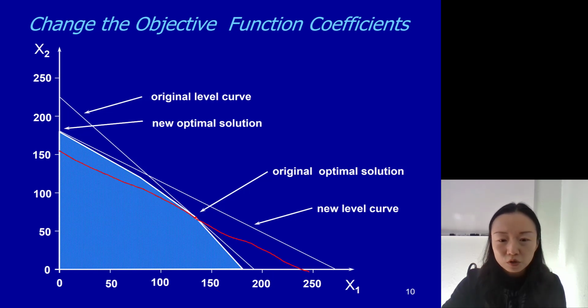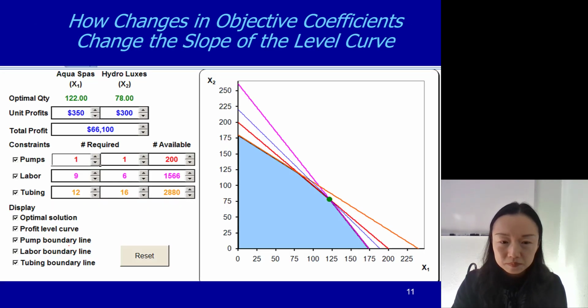So this original optimal solution point, with this new level curve with a flatter slope, will no longer give you the highest intercept on this x2 axis. Thus, the optimal solution moves to this point where you get the highest intercept on the x2 axis.